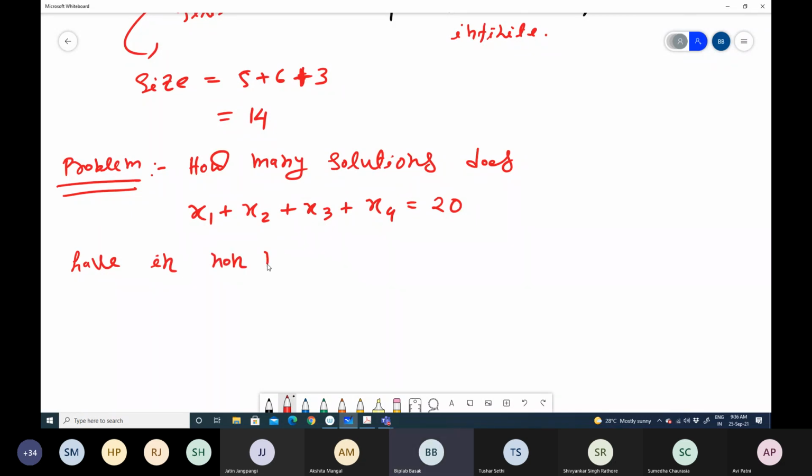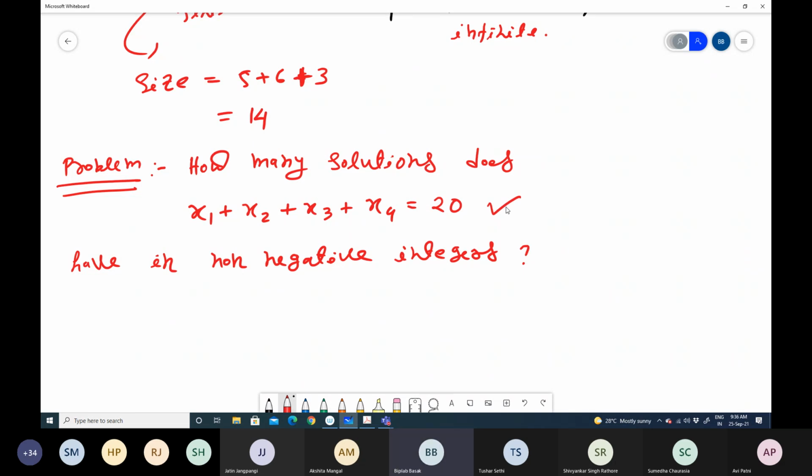That means x1, x2, x3, x4 are greater than or equal to 0 and they are integers.